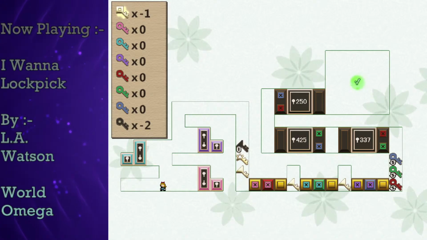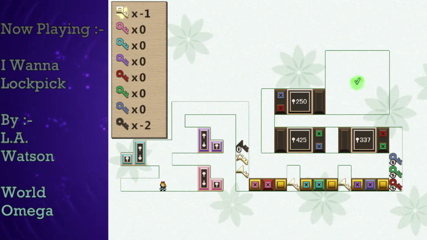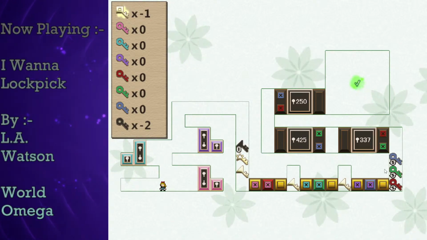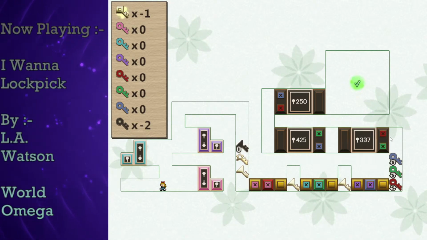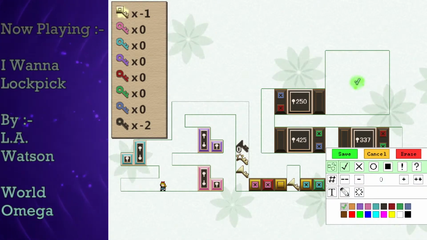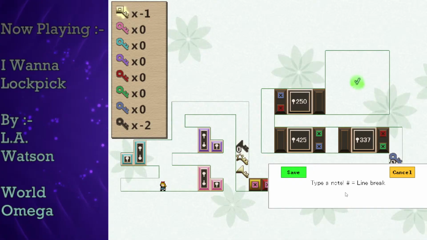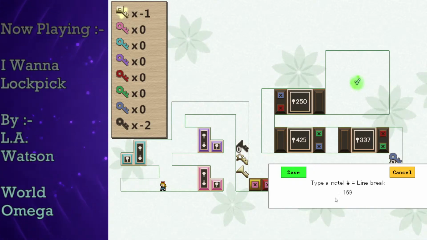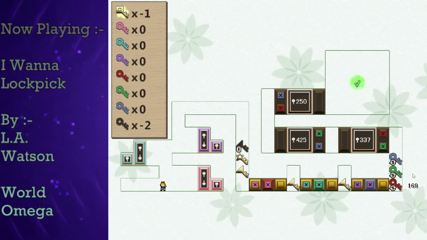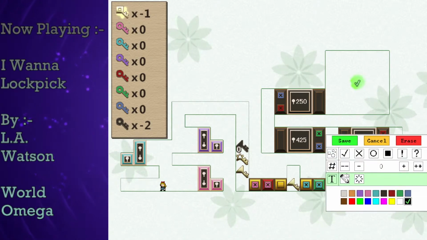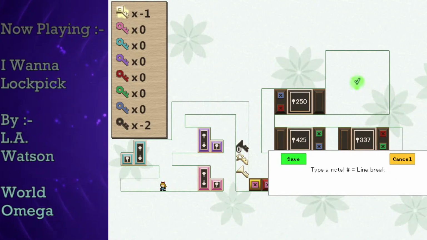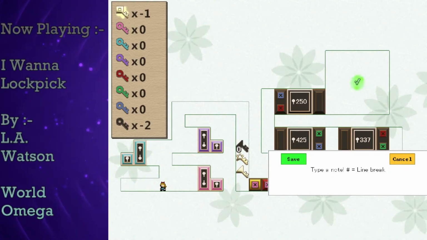Okay, so let's just mark them, right? X, which is red, right? So red would be 169. And then green would be 256.